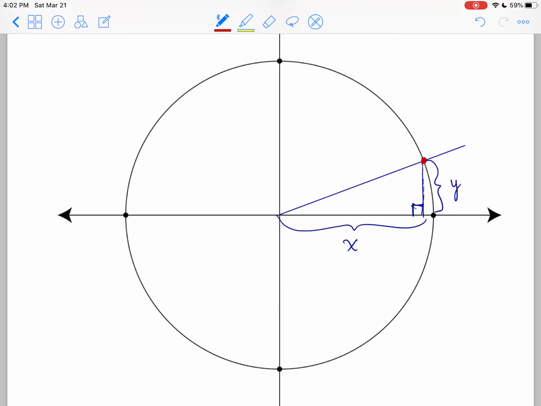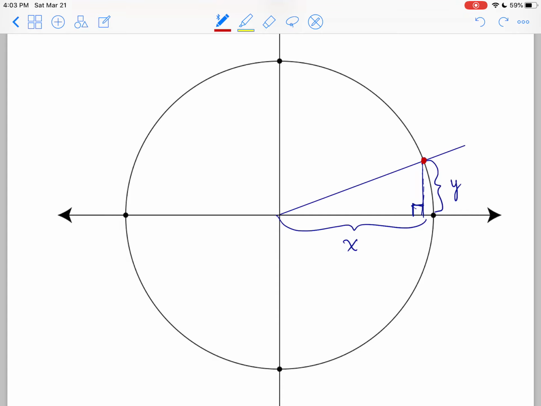So the point in red, the distance of it from the y-axis is what we call x. And so that's the x-coordinate. And then the height of this thing is the y-coordinate. The distance from the x-axis is the y-coordinate.